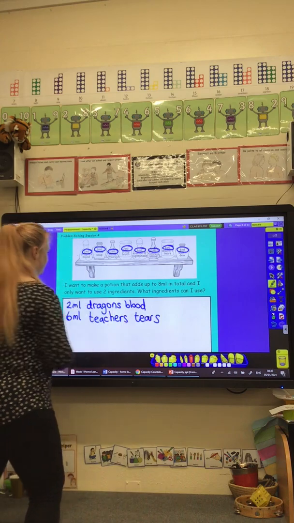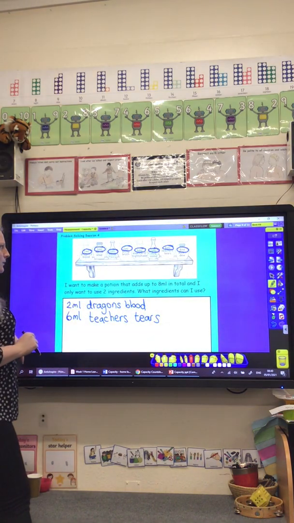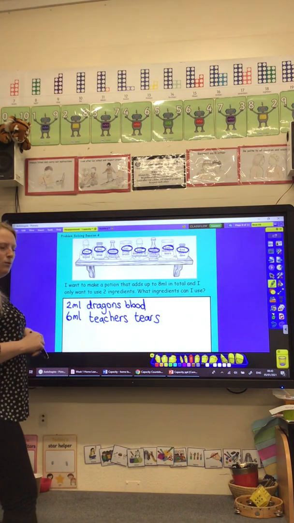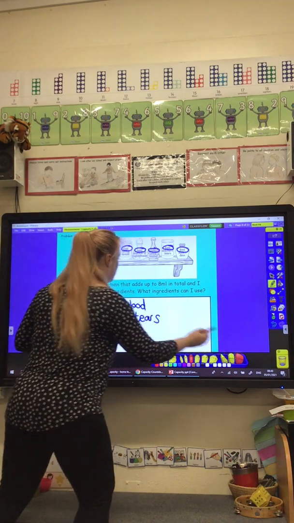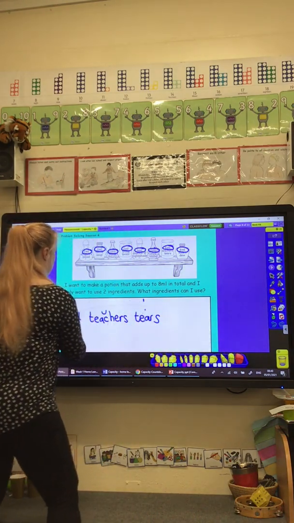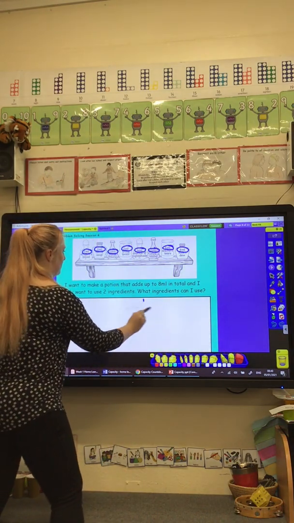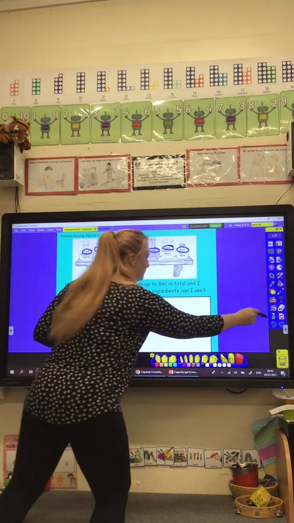Very good. Did anyone have a different way to make 8? What different recipes, what different potions could we use? Very, very good.